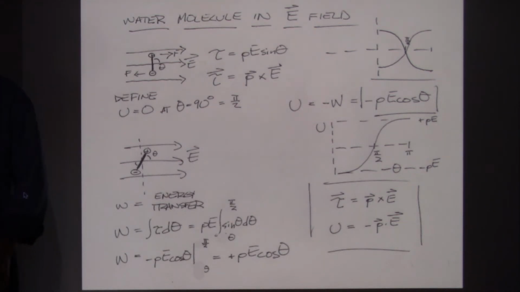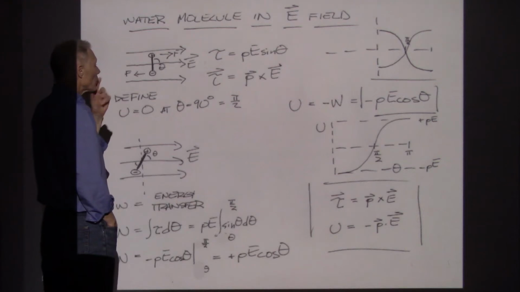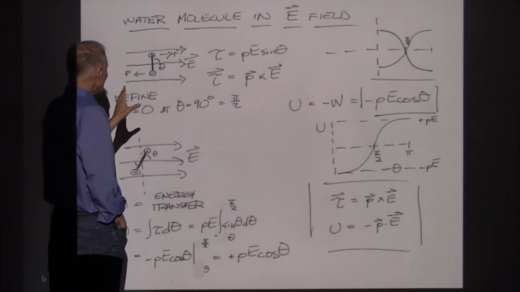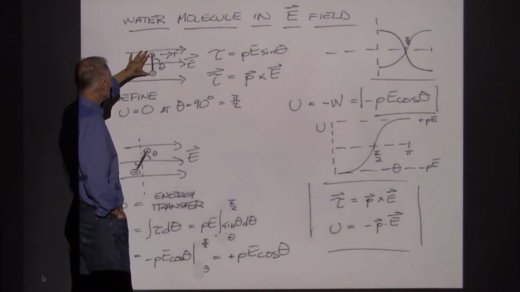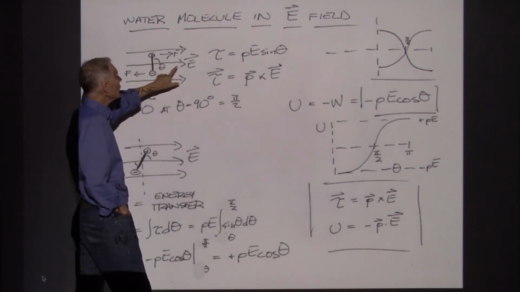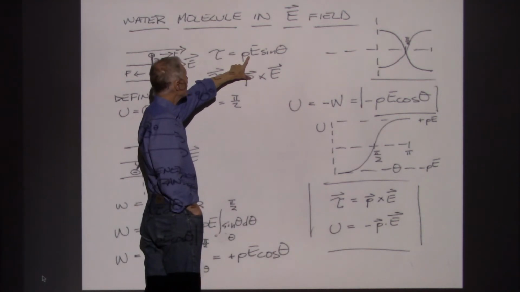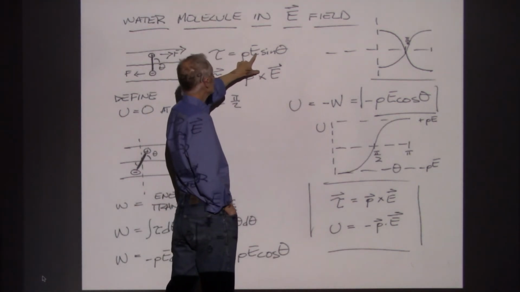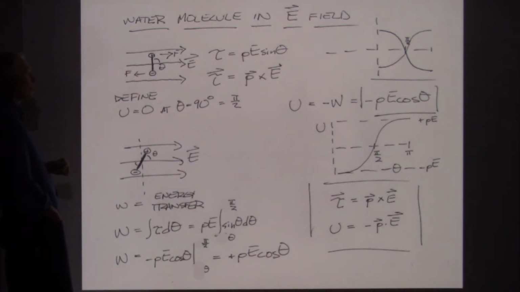Now, in the problem, they also wanted us to go in and, we did the calculation of torque, but just to show how torque works as a function of angle, this was the formula we came up with. So the torque is given by the dipole times the electric field times the sine of the angle.